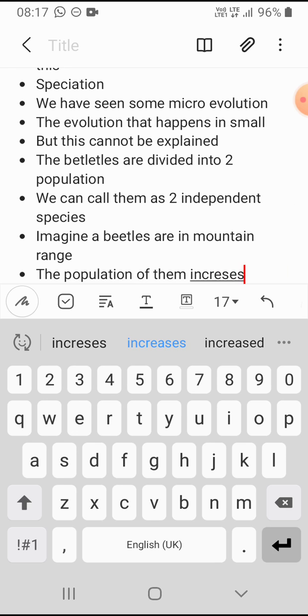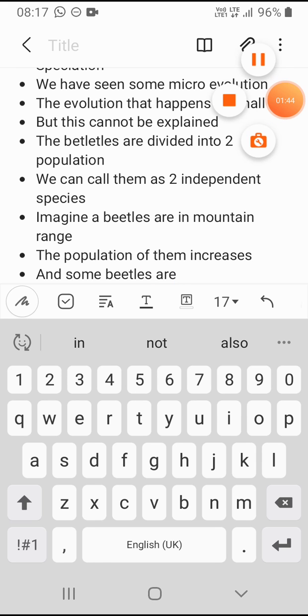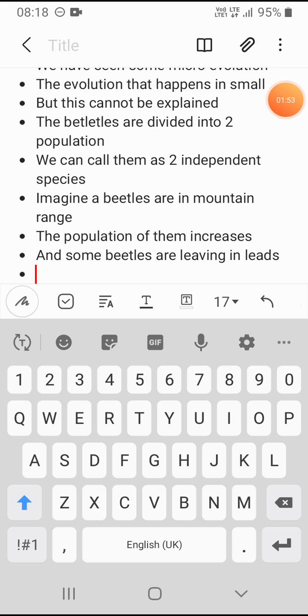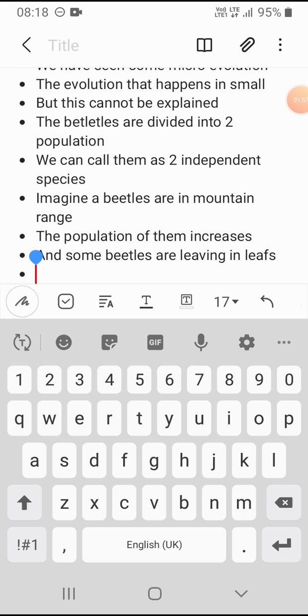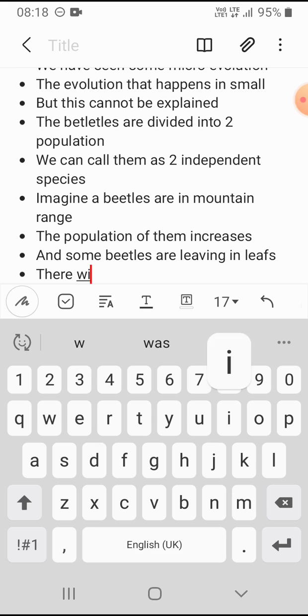increases as they are living there, and some beetles are living in leaves. What happens means, there will be a subpopulation.